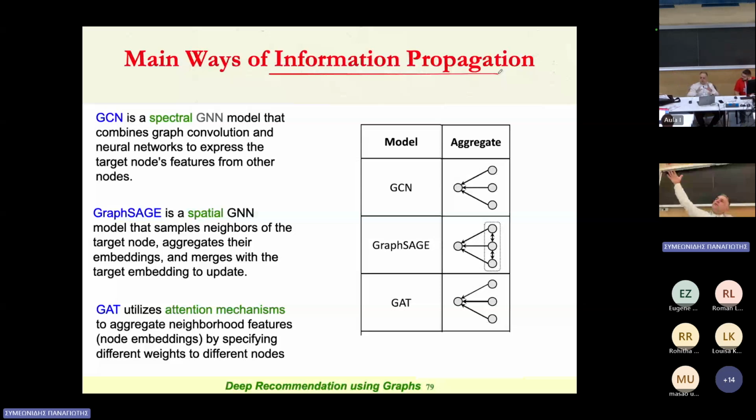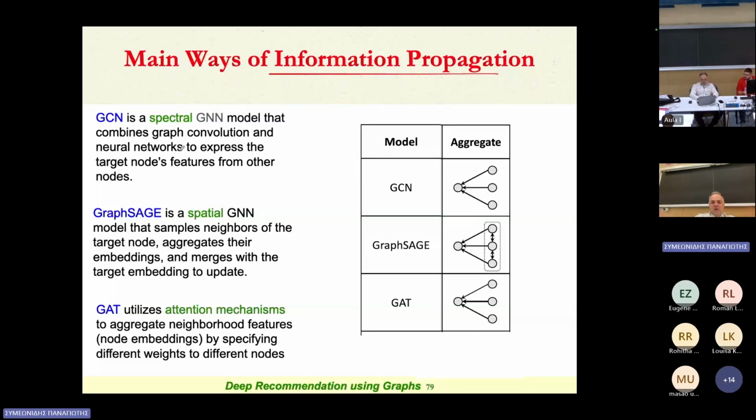As we said before, what we want is to express one node with the characteristics of the adjacent nodes or of nodes that are in the neighborhood, let's say 3 hops in distance. Imagine the target node in the center, and we have concentric circles, and we want to go 3 hops far and propagate information to the target node and predict the node characteristics and create an embedding for this node.